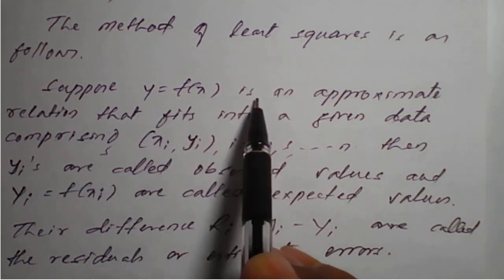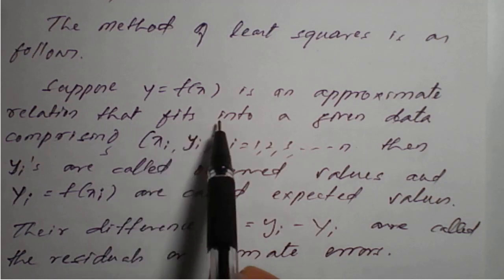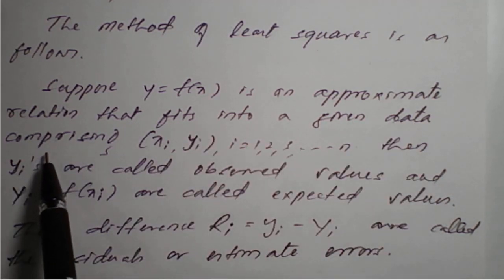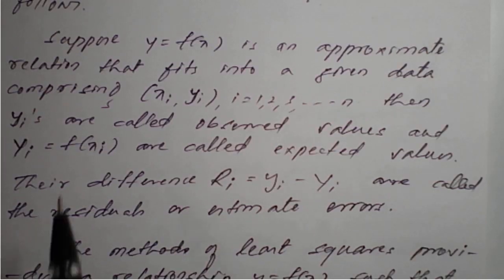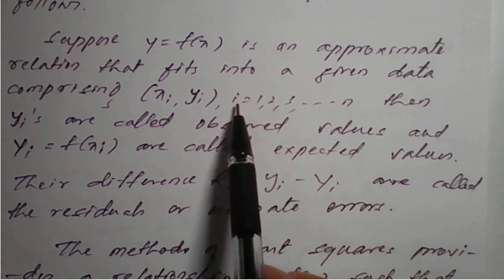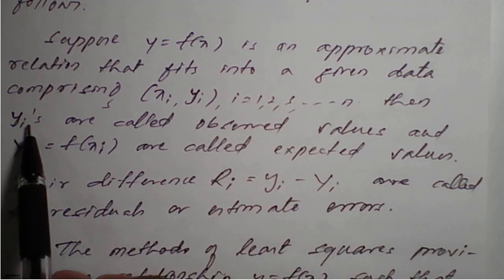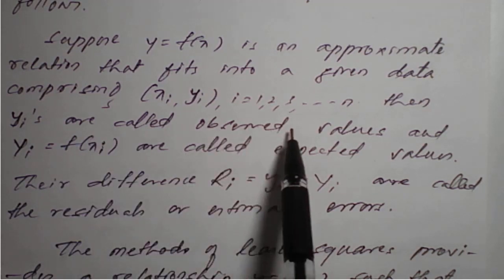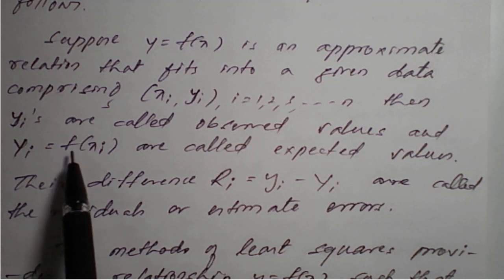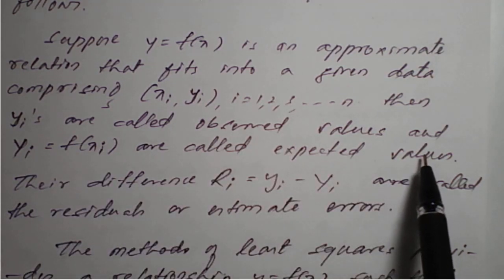Suppose y is equal to f of x is an approximate relation that fits a given data comprising (xi, yi), where i takes the values 1, 2, 3, and so on up to n. Then the yi's are called observed values, and capital Yi is equal to f of xi are called expected values.